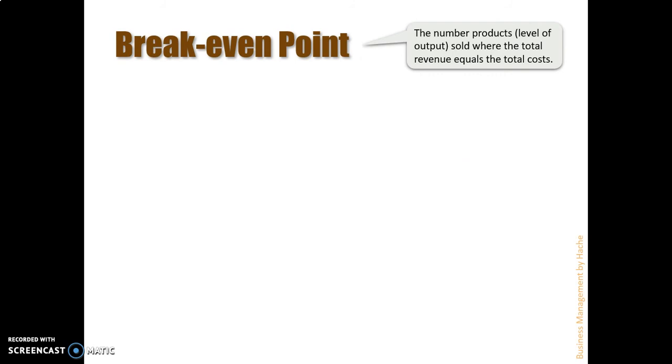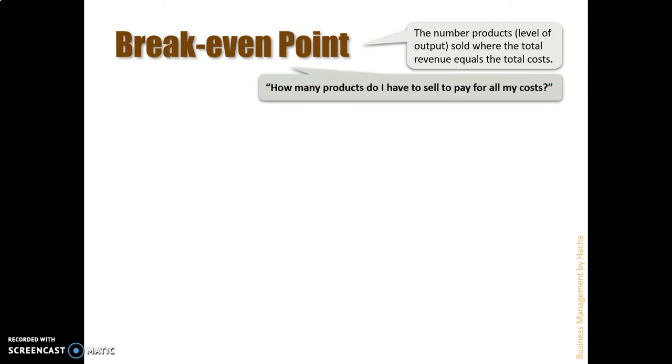It is the number of products sold, the level of output sold, where the total revenue equals the total cost. Basically, you are answering the question, how many products do I have to sell to pay for all my costs. We need that number to make sure that we are not losing money when we are selling. In order to visually understand the break-even point, we prepare a chart called the break-even chart.